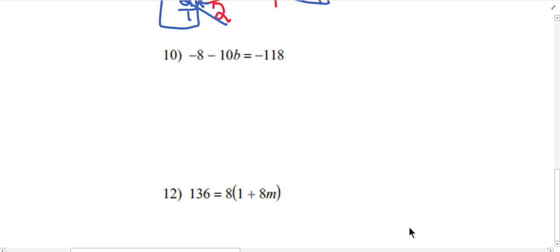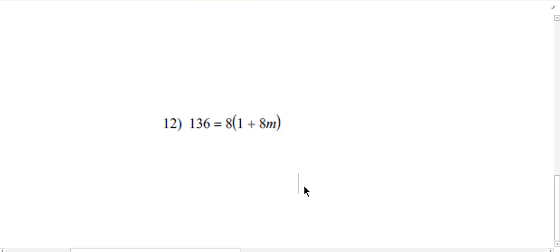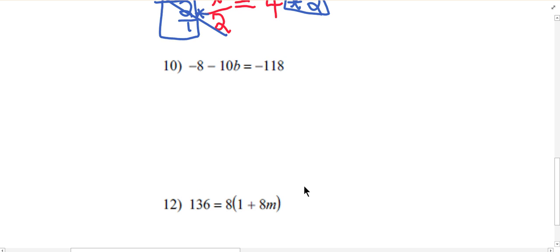Number 10. Let's have a little more room. We have -8 being subtracted by 10b, and it's equal to -118. So let's first get rid of this -8 by adding 8.